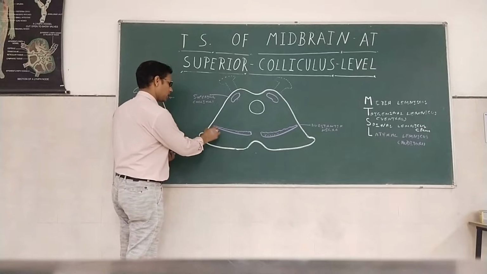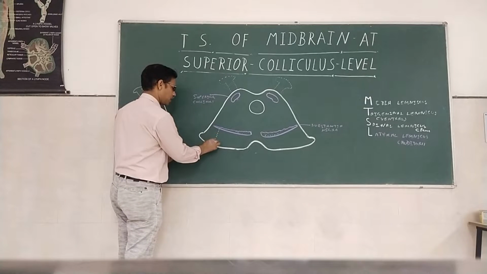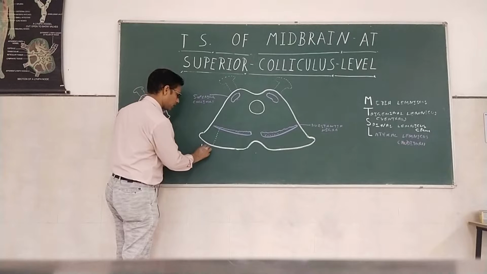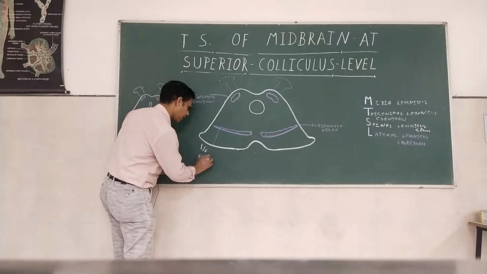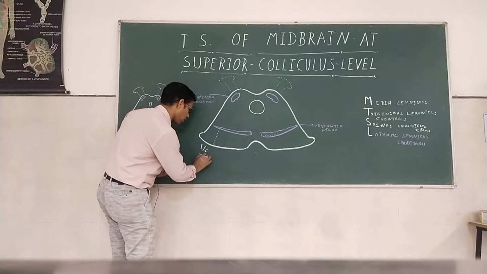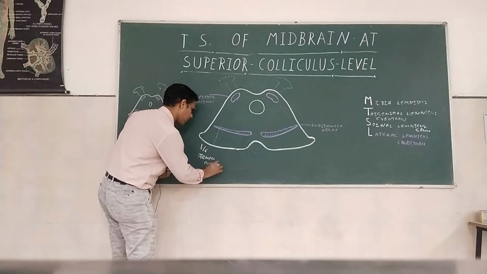We discussed previously the lateral 1/6 part. This is the lateral 1/6 part associated with the temporopontine fibers.